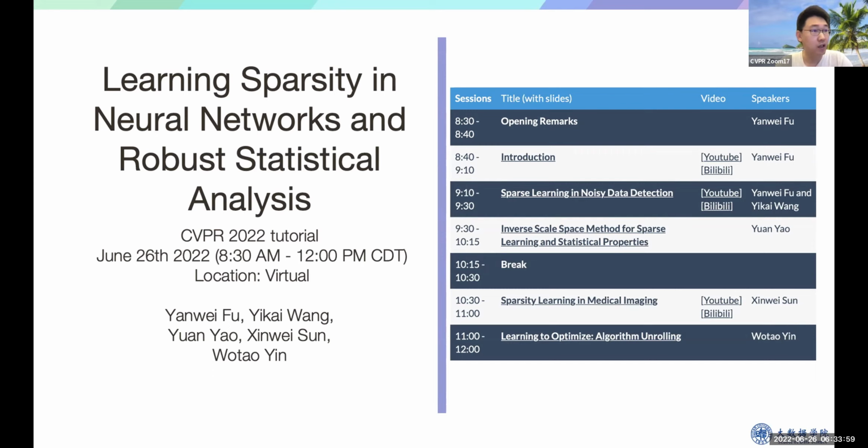Professor Yuan Yao will talk about inverse scale space method for sparse learning and statistical properties. Then we have a 50 minute break. After that, Dr. Xinwei Sun will give a talk about sparse learning in medical imaging. Finally, Professor Wu Taoyin will talk about learning to optimize and algorithm unrolling.